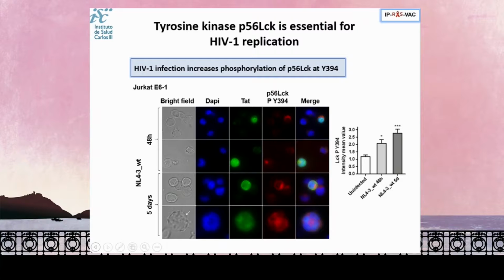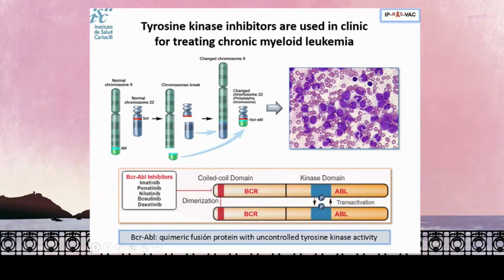We have here the infection of Jurkat cells with an X4 strain of HIV-1, and we observe that when the cells are infected, and we know it because we stain them with an antibody against it, the LCK phosphorylation was active, and it was increasing as long as the infection progressed. Therefore, LCK activation is very essential for HIV-1 replication.